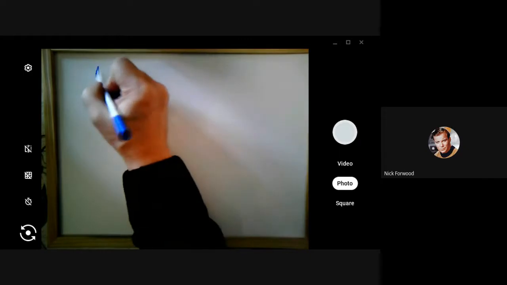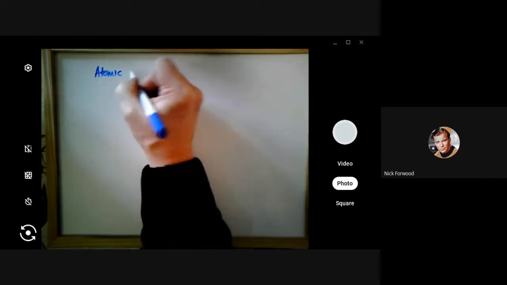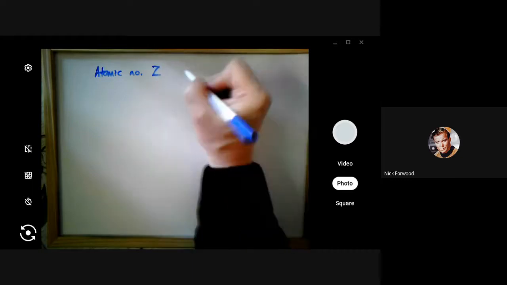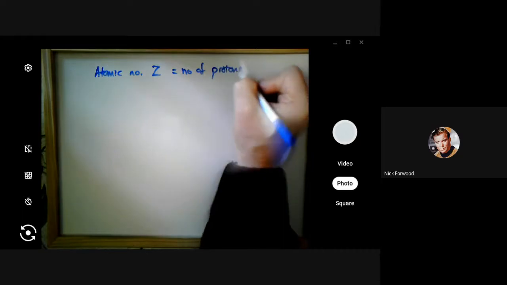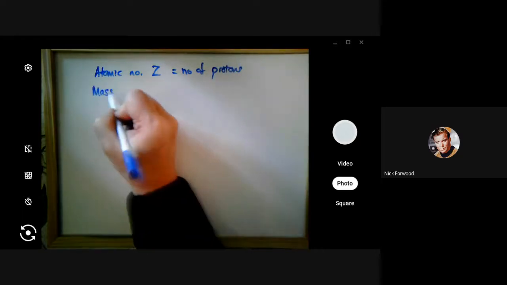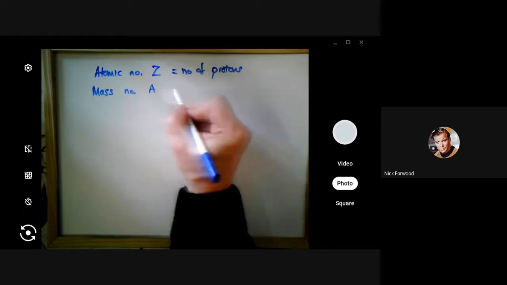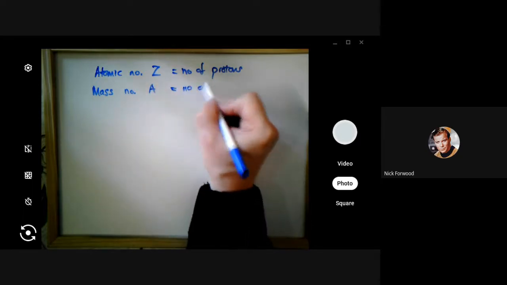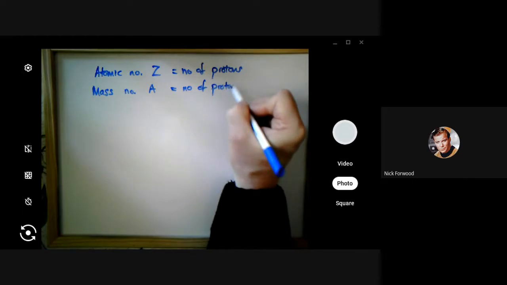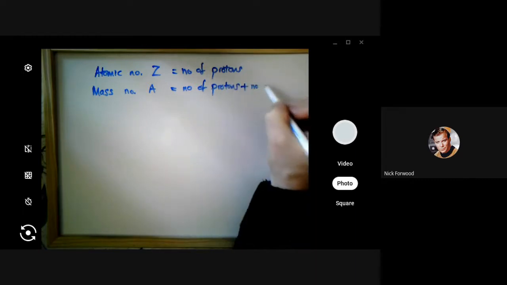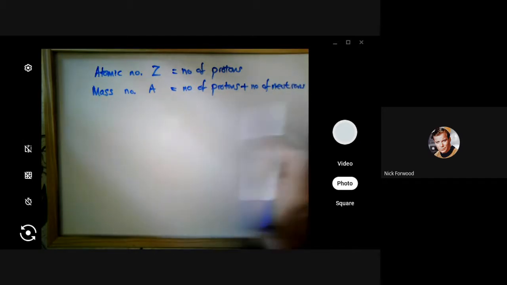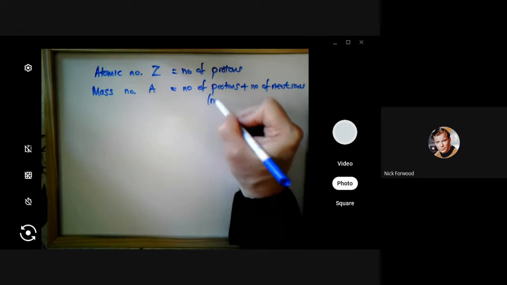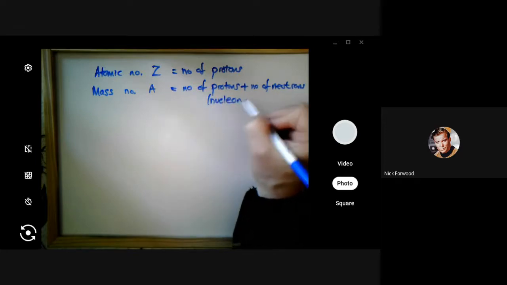Okay, so just to summarize that, I've got atomic number Z is the number of protons, and the mass number A is the number of protons added to the number of neutrons. And the number of protons and the number of neutrons added together makes up something called the number of nucleons.